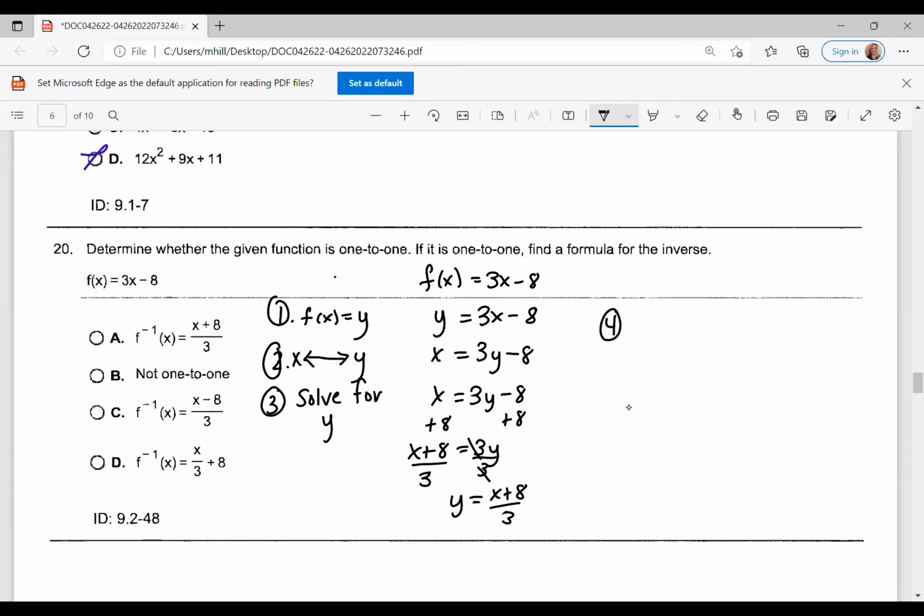Step number 4, change your y to f inverse of x. You get f inverse of x is equal to x plus 8 over 3. So on number 20, the right answer is A. There are the steps of how to do that.